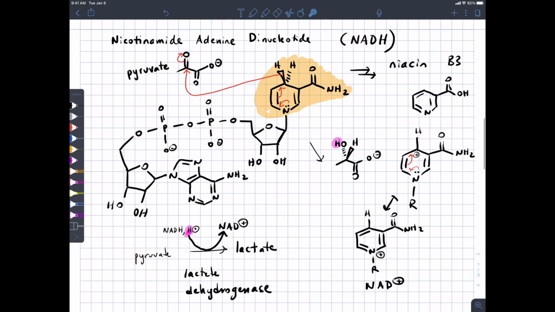So just like we reduced pyruvate to lactate, we can use NADH to do the backwards reaction where we oxidize lactate to pyruvate. Notice the difference between lactate and pyruvate. It lacks this hydrogen here and that hydrogen there. That's why the reaction is catalyzed by a dehydrogenase.